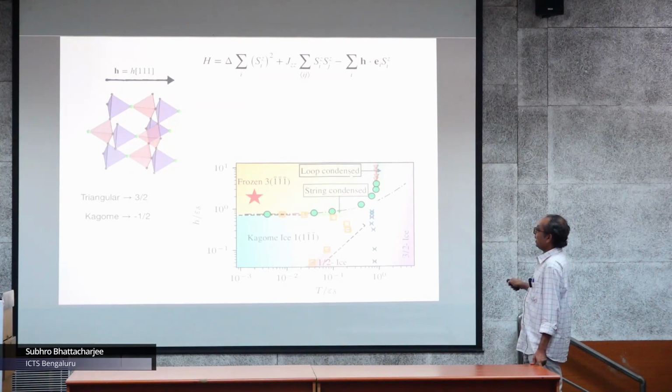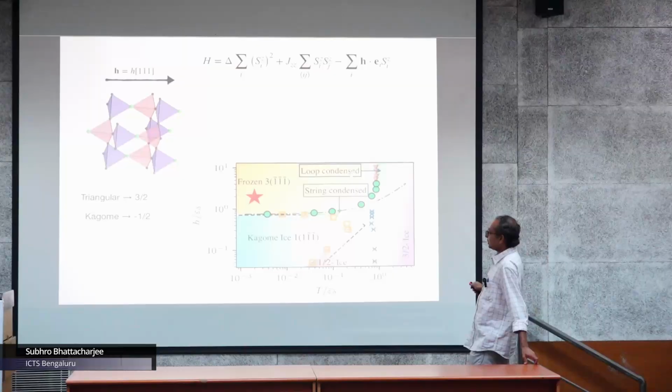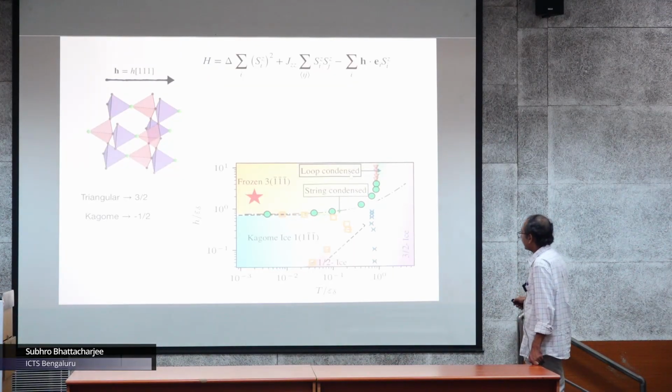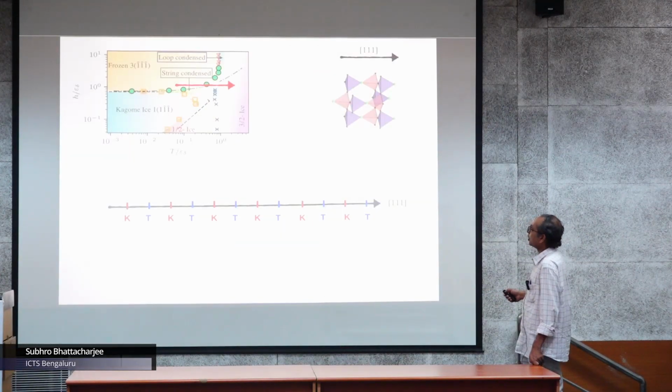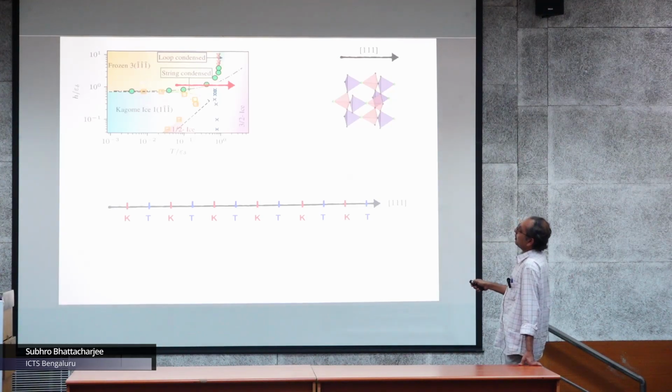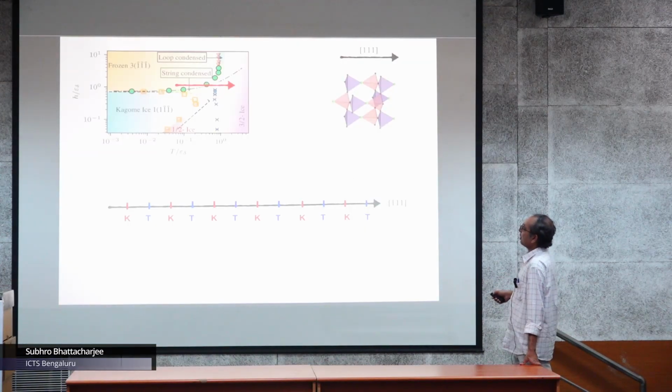But the way that they mediate transitions depends upon which regime of magnetic field you are in, and let me try to take you through this, which seems to be an interesting effect that we have found. Let's try to think about staying just in this yellow region but not up here, and think about increasing the temperature. As I said, there are these Kagome and triangle layers as I go along the 111 direction.